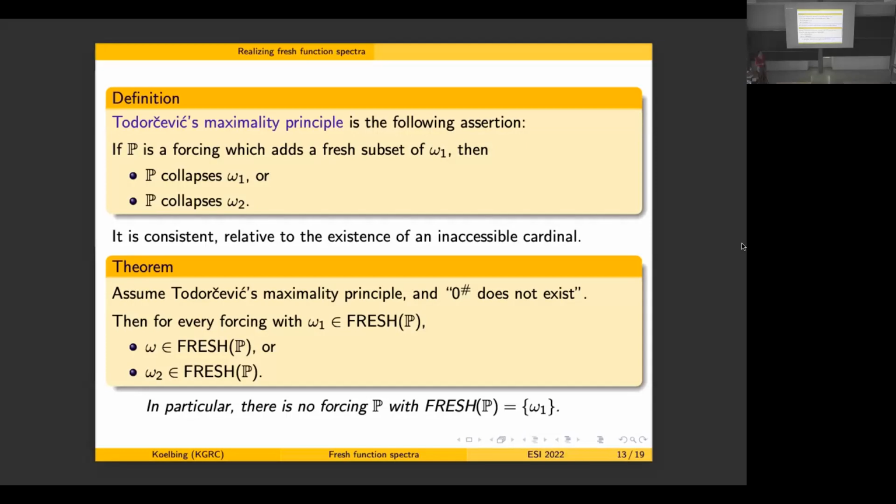And then we can apply this principle. So under these assumptions, the singleton set {omega 1} is not realizable as a fresh function spectrum. That's so far the only example of a set which is consistently not realizable that we have.